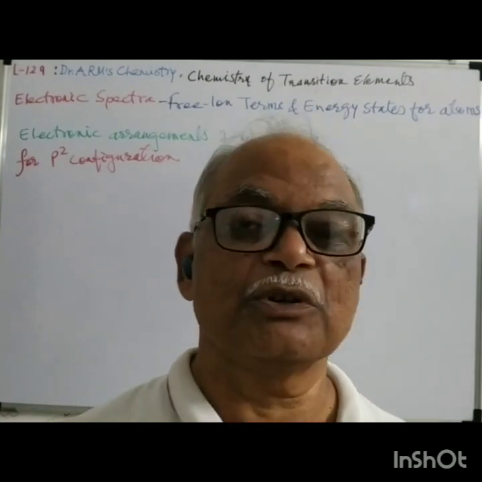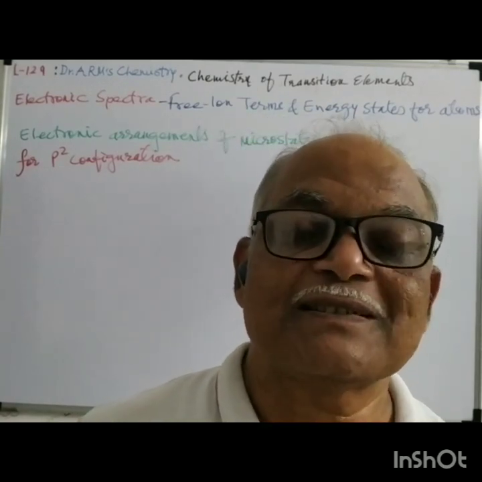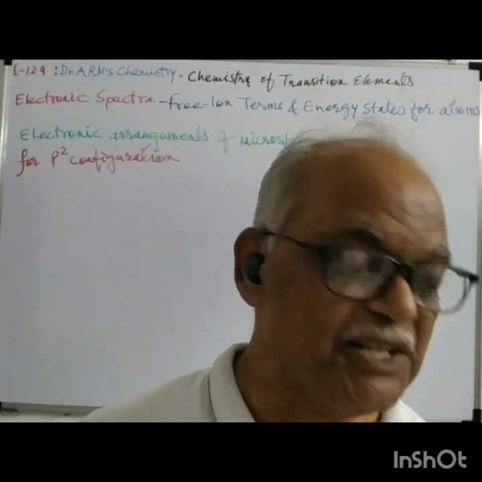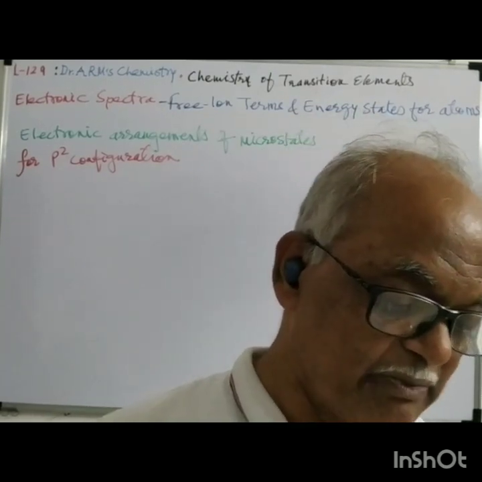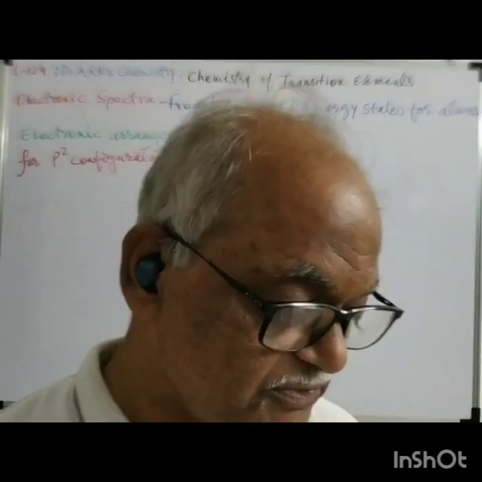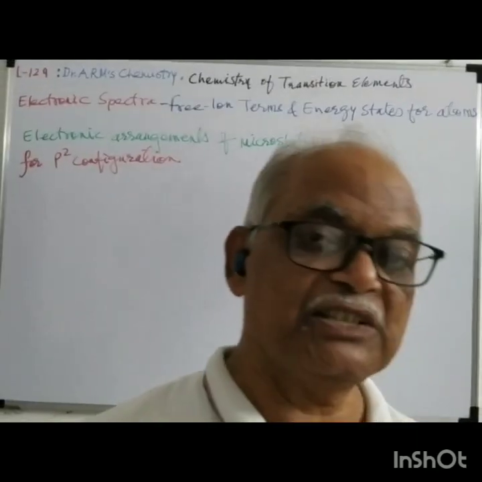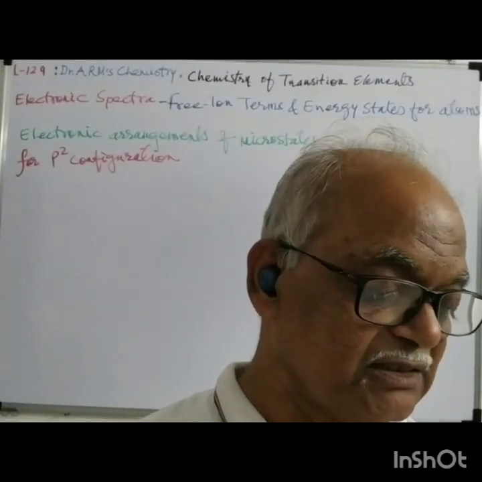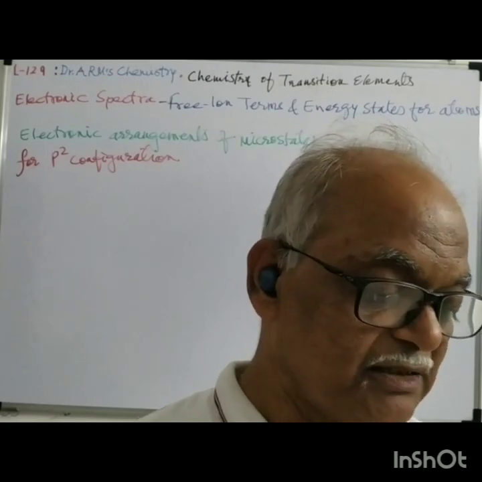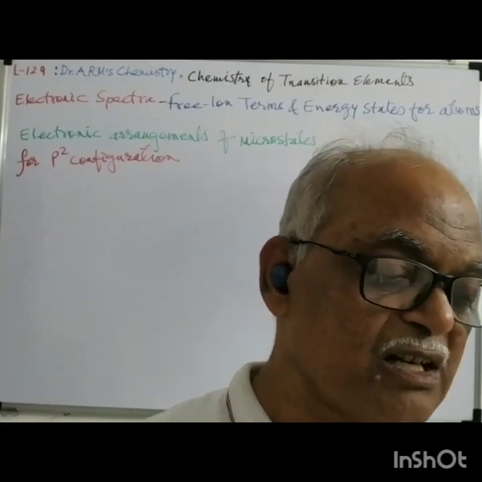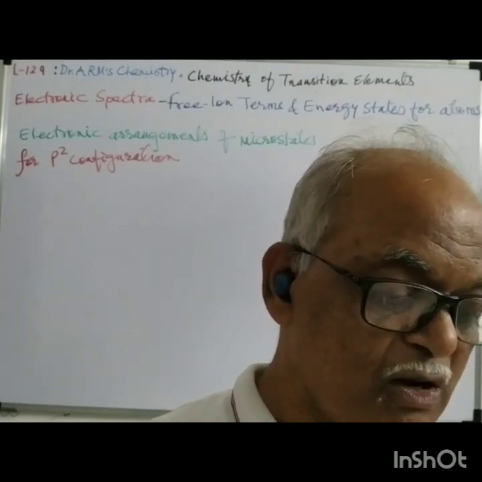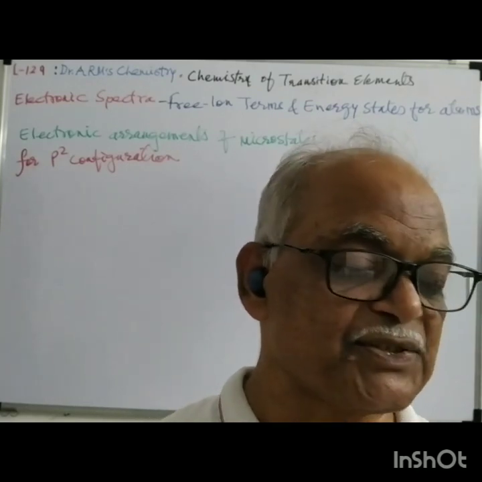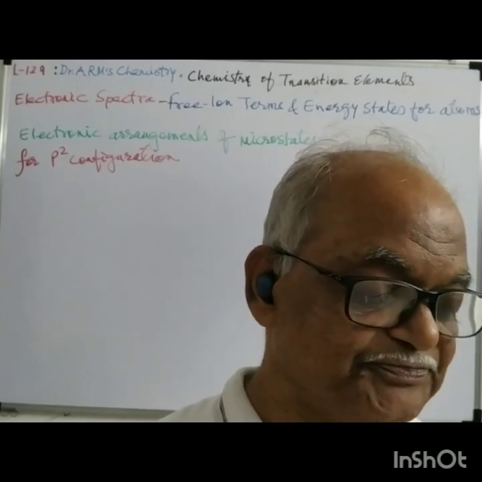Here we should know that the p orbitals are triply degenerate, which contain px, py and pz orbitals. So the electrons interact with each other and result in the formation of a ground state, that is the lowest energy state, and one or more excited states of an atom or ion.